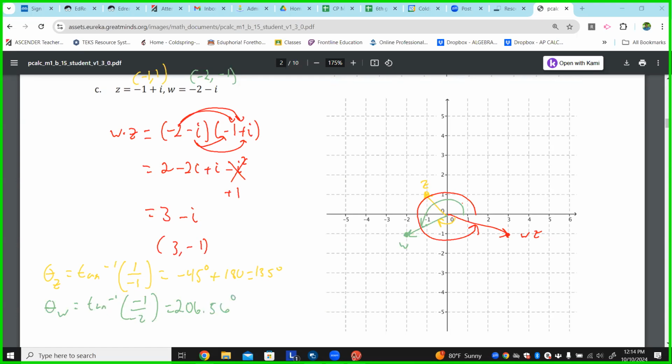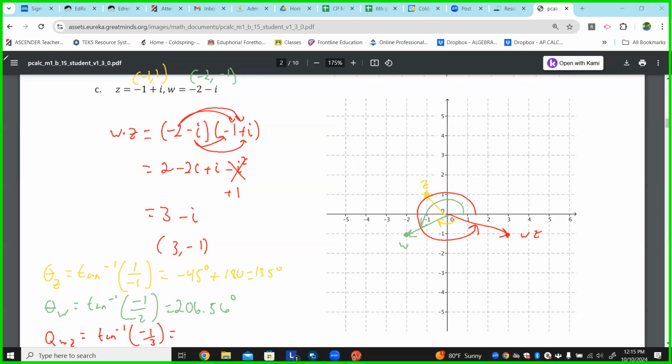All right. So if this theory works out, that means when I do this work here, tan inverse, what is the WZ's tan inverse going to be? Perfect.